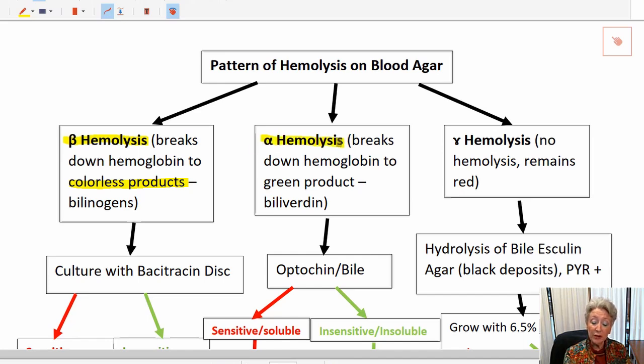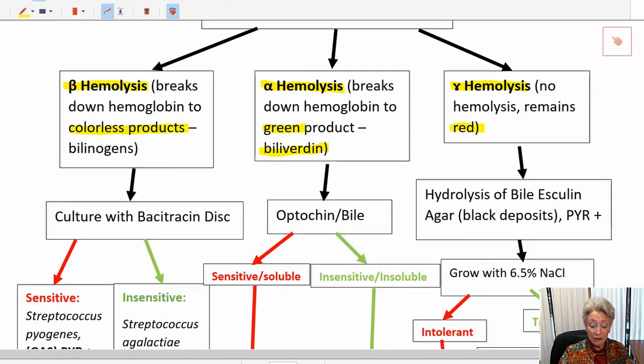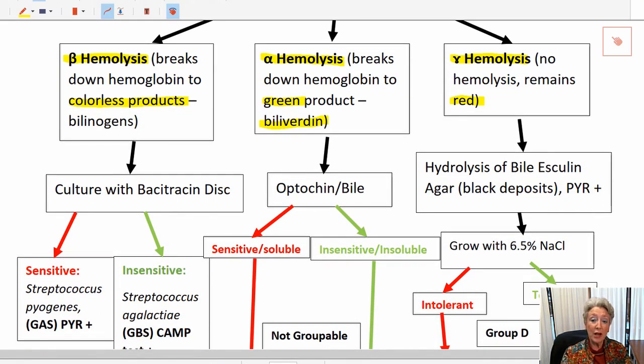My alpha hemolytic creatures break down hemoglobin to the green product, which you'll remember is biliverdin, and my gamma hemolytic organisms do not hemolyze at all, so the agar would remain red. So they'll have to tell you that particular issue, and then I go down into subcategories of characteristics.